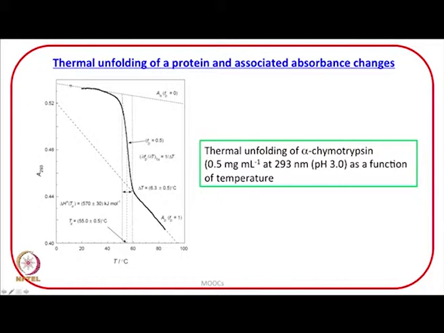With the knowledge of pre-transition absorbance variation on temperature, post-transition absorbance variation on temperature, and the absorbance changes in the transition range, the thermodynamic parameters can be calculated.